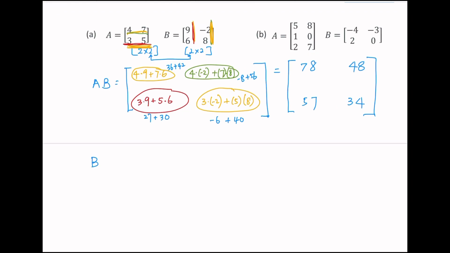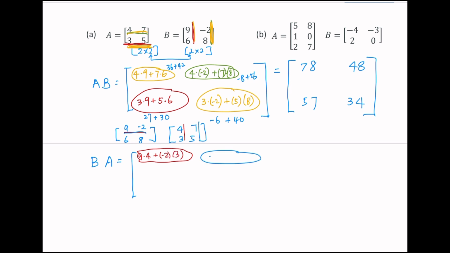And B times A. So we have B as 9, 6, -2, 8. A is 4, 7, 3, 5. First row, first column: 9 times 4 plus -2 times 3. First row, second column: 9 times 7 plus -2 times 5. Second row, first column: 6 times 4 plus 8 times 3.